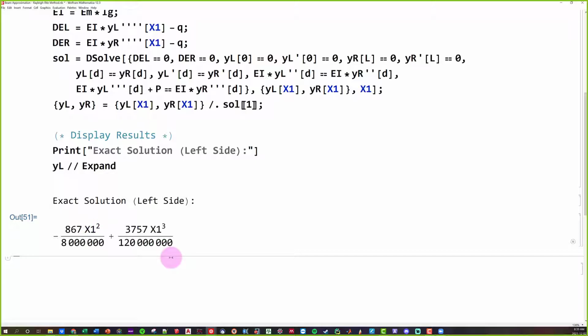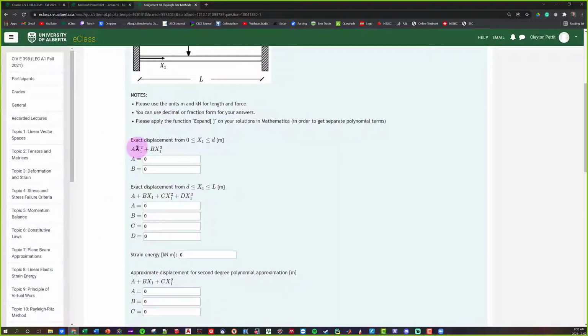A good way to check almost immediately in the assignment if you did it right is, as we can see, we have it as x1 squared and x1 cubed. We don't have an x1, we don't have a constant, and we don't have x1 to the 4. If we look at the assignment, we have an x1 squared, we have an x1 cubed, we're good to go. If we were to look at the second part though, notice that we have a constant, something times x1, and then something times x1 squared.